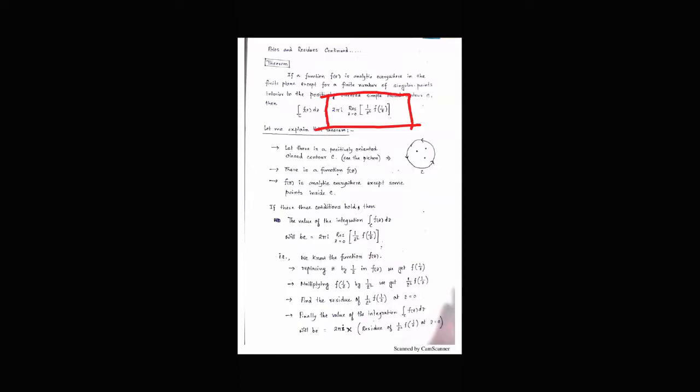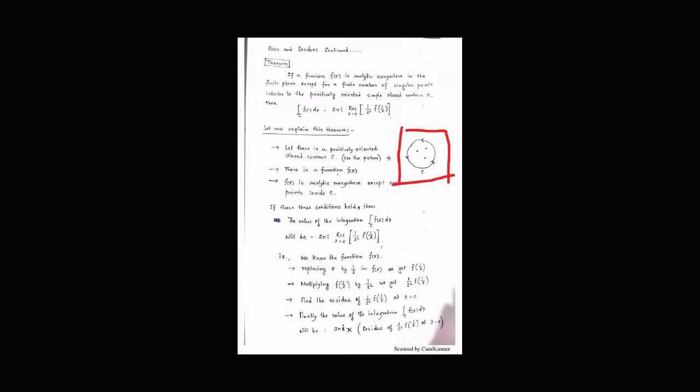Okay, so let me elaborate the statement of this theorem. There is a positively oriented closed contour C. See here the diagram. The diagram says that this is a positively oriented closed contour C, and there is a function f(z).